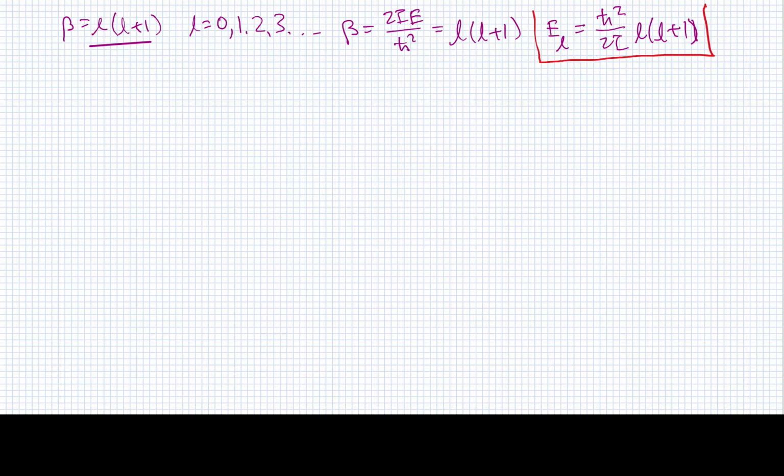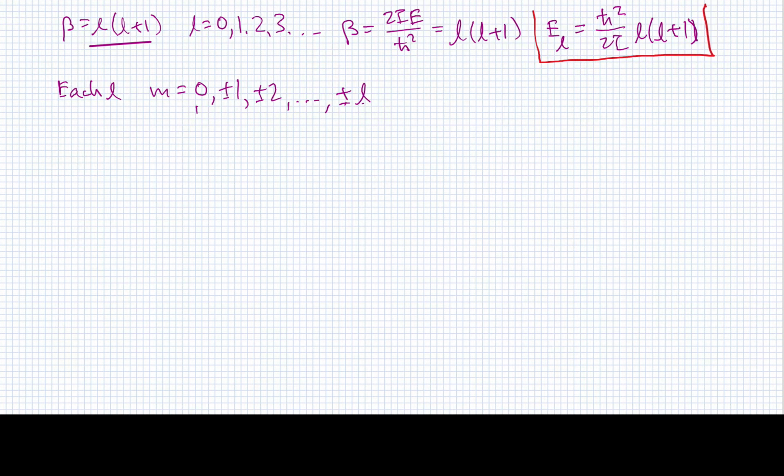Okay, now we might want to ask about the degeneracy. Well, we know for each L, I'm going to have m equal to 0, plus or minus 1, plus or minus 2, all the way up to plus or minus L. Well, if I count these up, I get 2, 4, 6, 8, 10, plus 1.